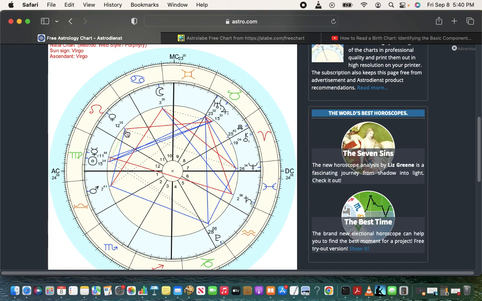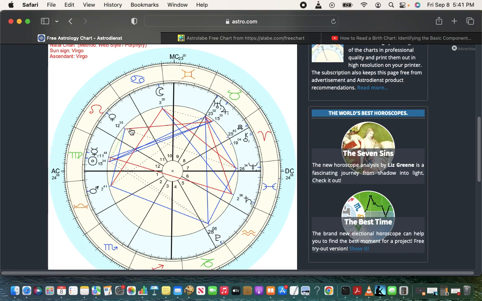Venus here is making almost a 60 degree aspect with Mars. That's called a sextile. So here it's 55 degrees away, so it's within the 10 degrees, we're going to call that a sextile aspect. Venus is also making a square to Jupiter, and that's why it's red.